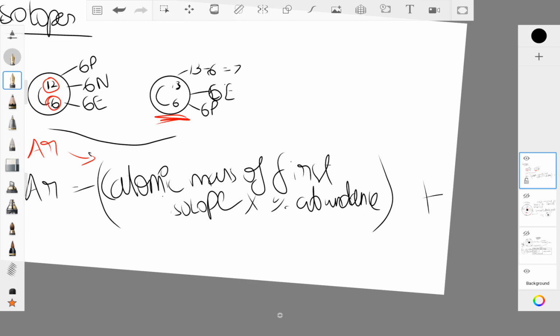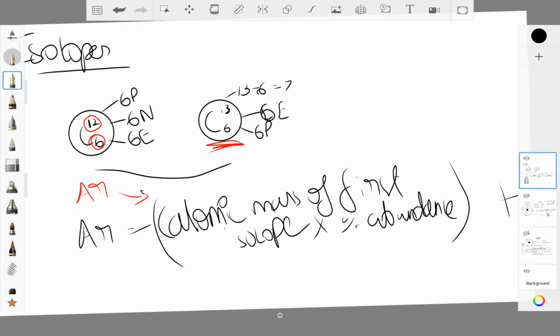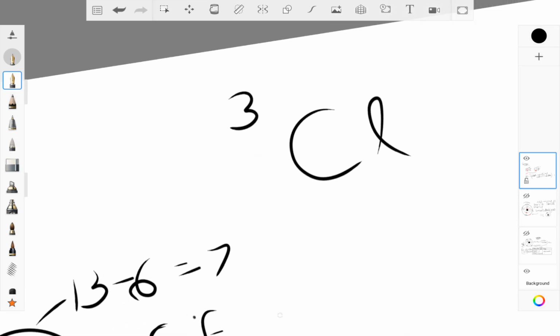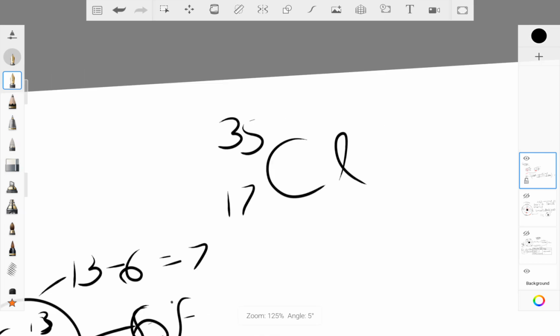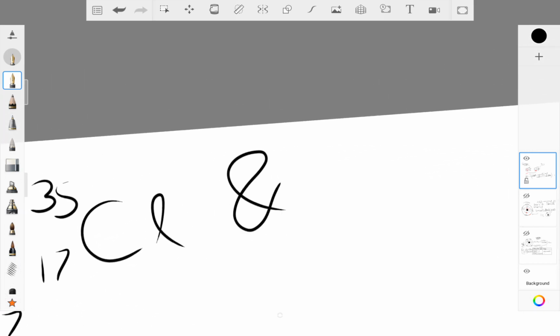So the main thing that you need to take away from this is that chlorine, for example, let's do that. This is a normal chlorine atom, quote unquote normal, and I have this isotope right here. It has 2 extra neutrons.